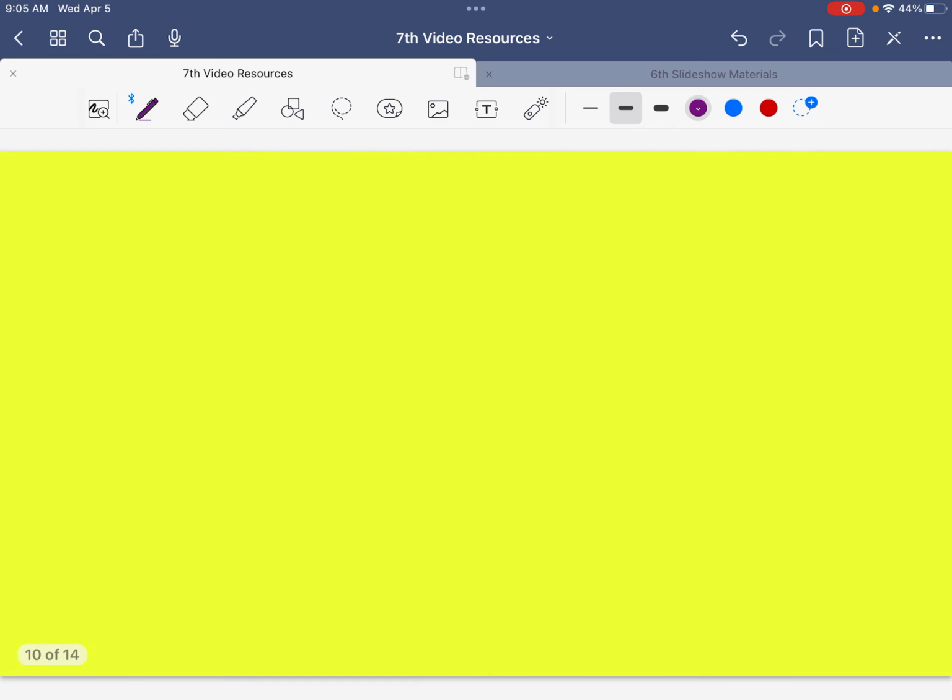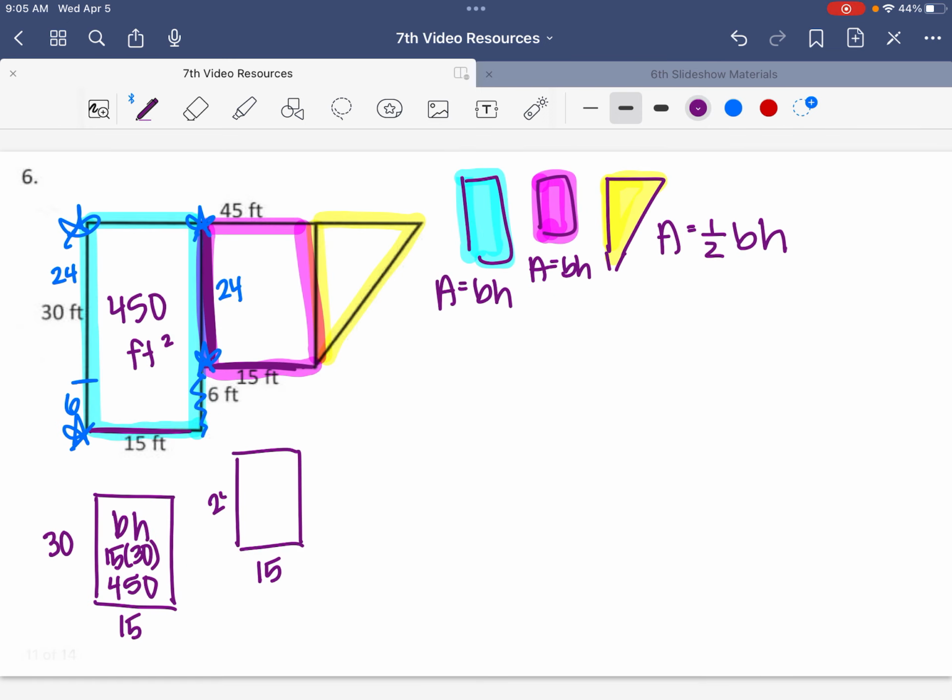I can label that down here, and now to find the area of my rectangle, which is base times height, I'm going to do 15 times 24. I'm going to do some computation. 4 times 5 is 20. 4 times 1 is 4, plus 2 is 6.